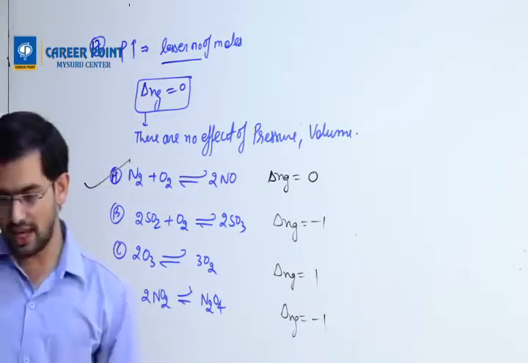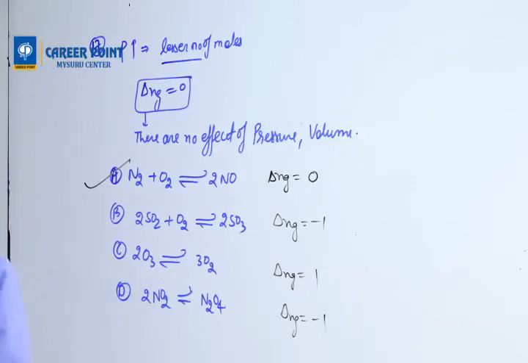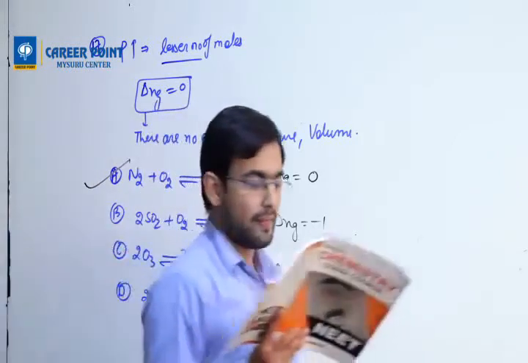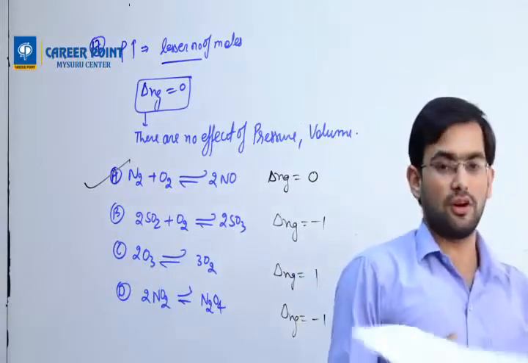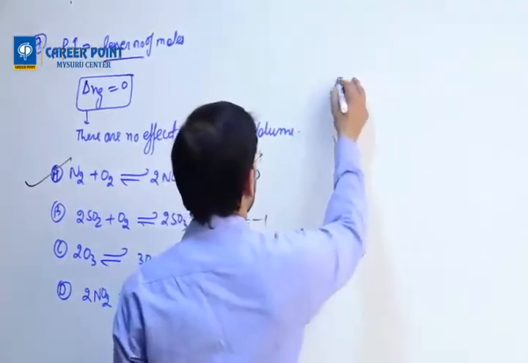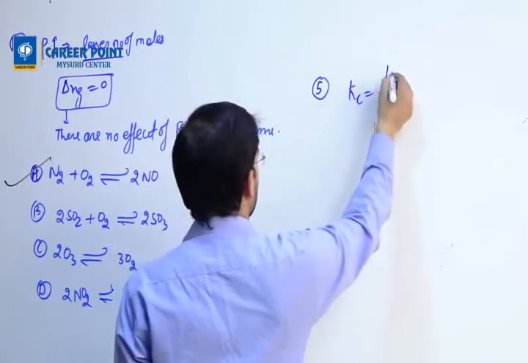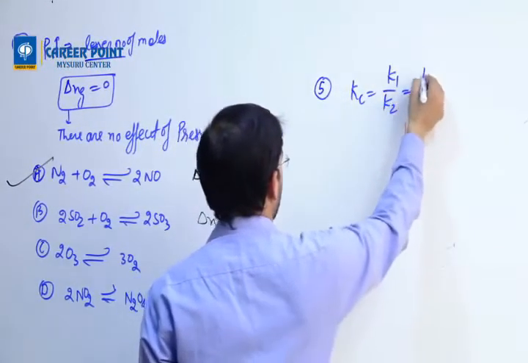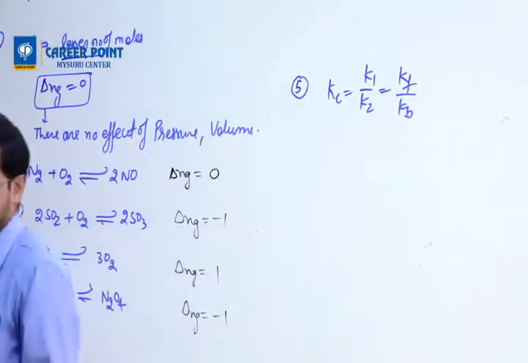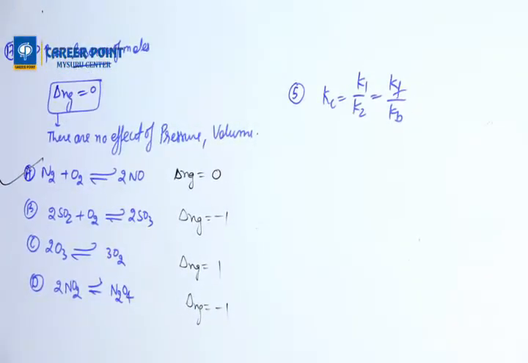Okay. So then next question is question number 5. K1 and K2 are the velocity constants of forward and backward reaction, right? Then the equilibrium constant, that I also gave you in yesterday's class. Kc is equal to K1 by K2, or Kf by Kb. Any other doubt?